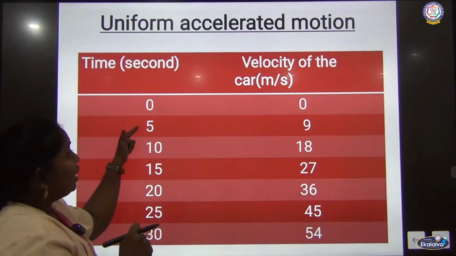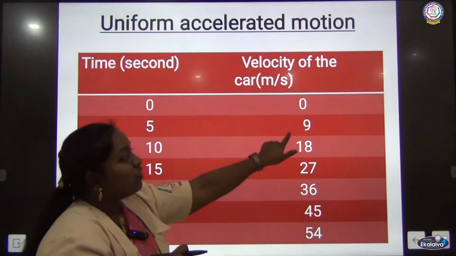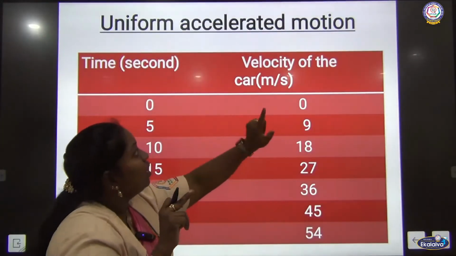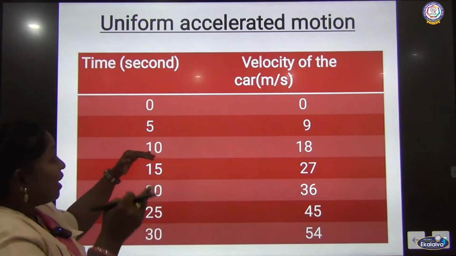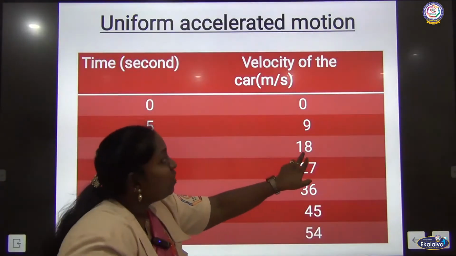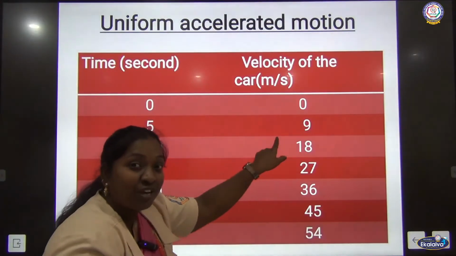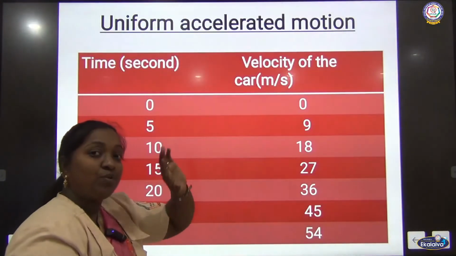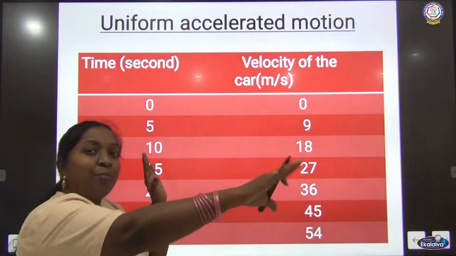In the first 5 seconds the velocity of the car is 9 meter per second. The next 5 seconds, making 10 seconds, the velocity of the car is 18. There is a change here. See this, in the first graph there was no change, it maintained the same velocity.